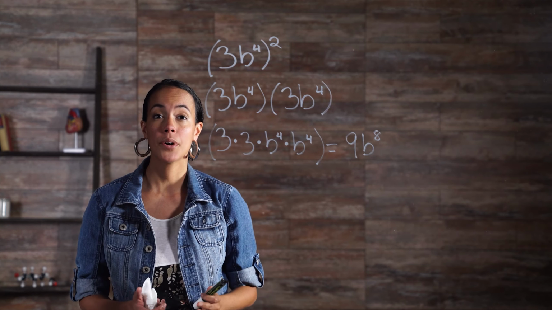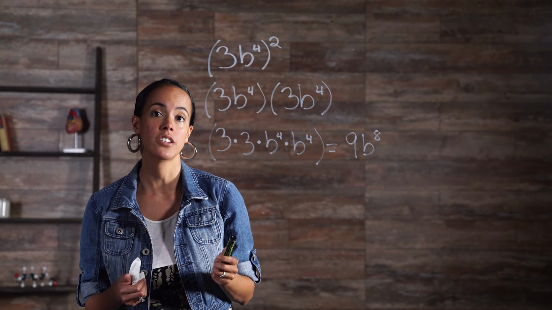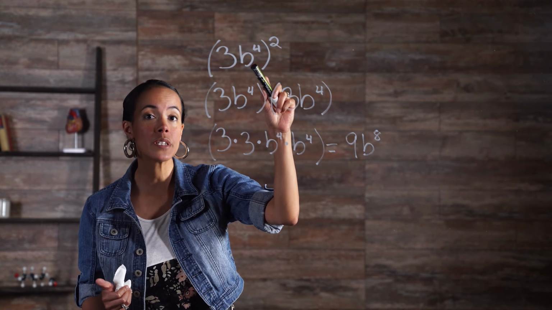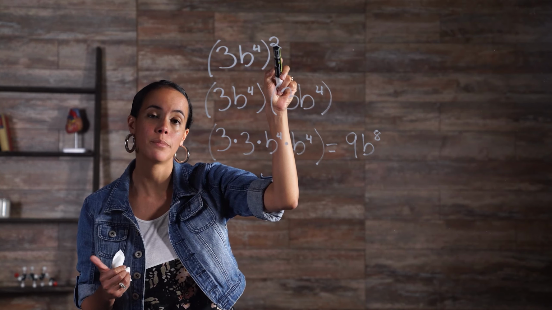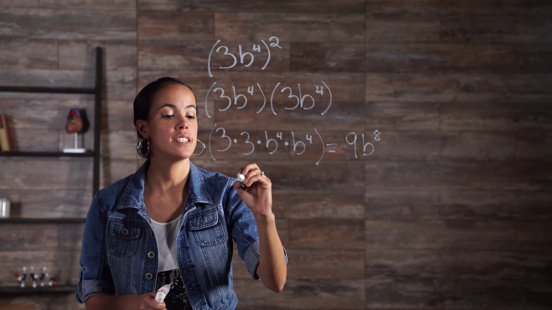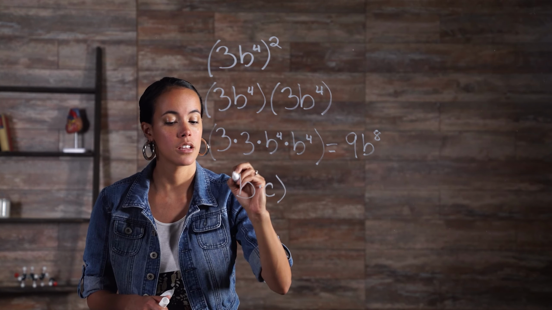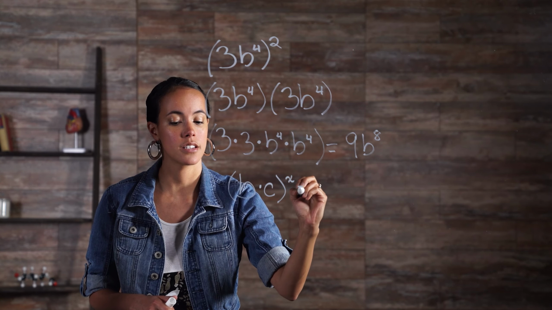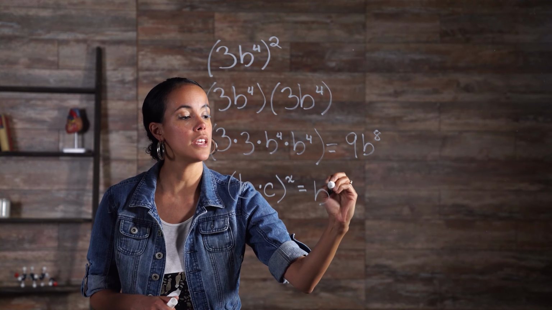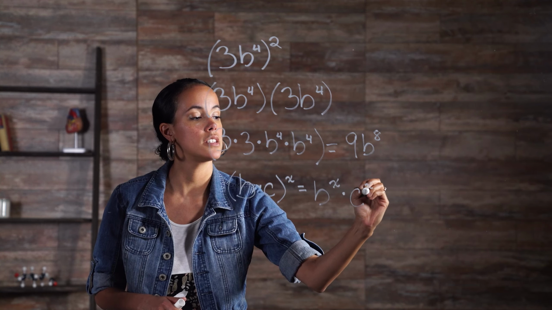This is called the power of a product property and illustrates that the exponent of each factor in the base must be multiplied by the power outside the parentheses. The general form for the power of product property is b times c to the x equals b to the x times c to the x.